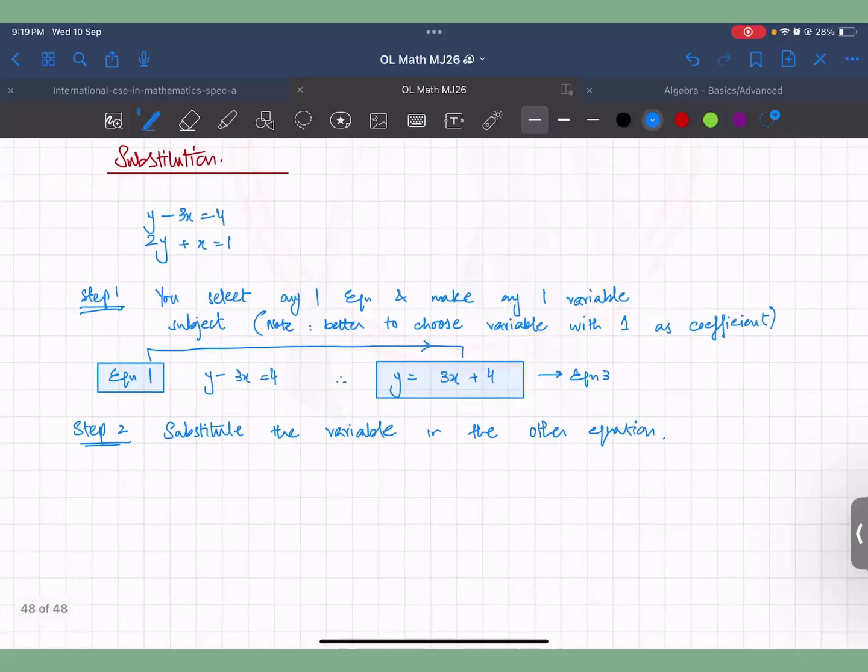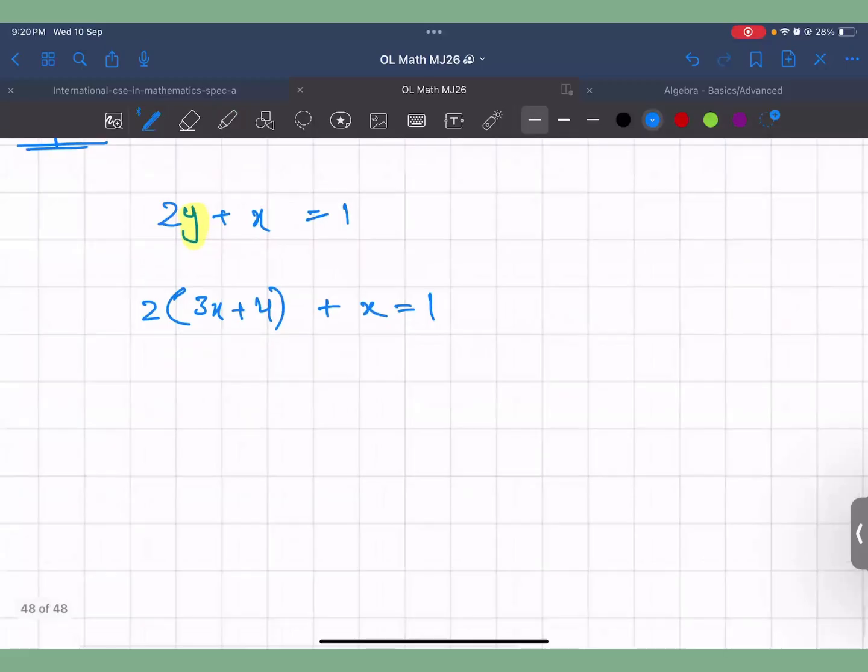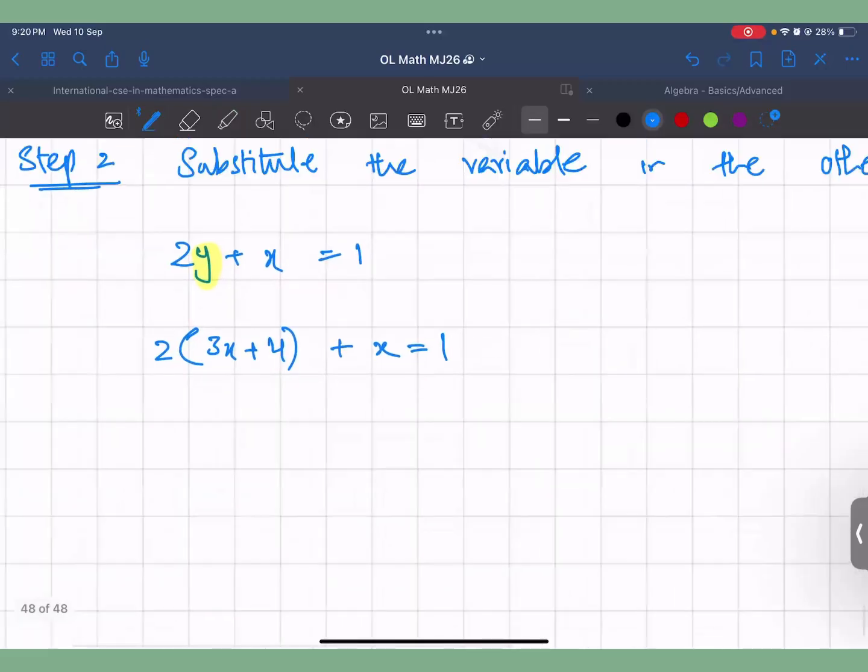So now in your equation number 2, you have 2y plus x is equal to 1. You can see y over here as well. Because y is the same variable, its value would be the same for both equations. So you can substitute the value of y as 3x plus 4. I replaced it in 2y plus x is equal to 1. And now the rest of it is the same.